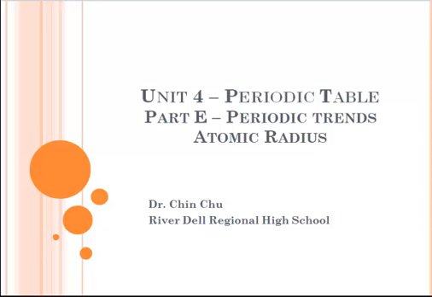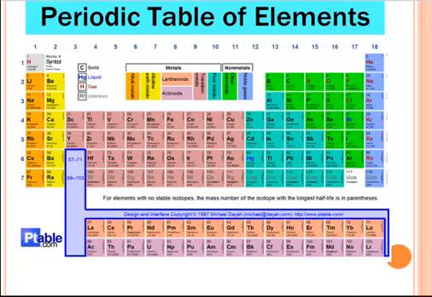Now we're looking into the families or groups. As we indicated on this modern periodic table, we're looking into the properties of the elements in the same family or group, the vertical column, and comparing them and trying to identify the patterns.